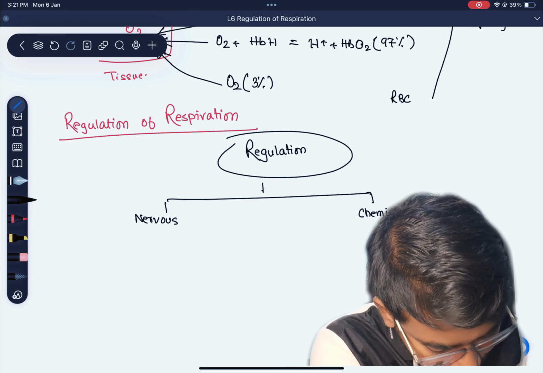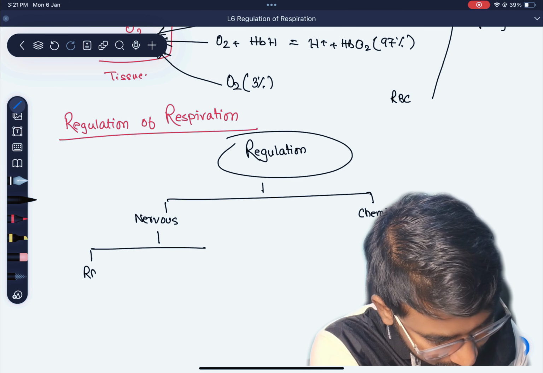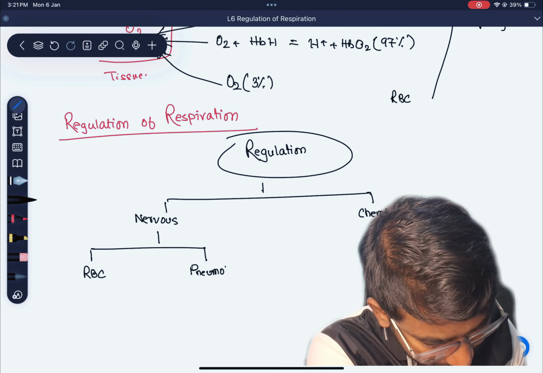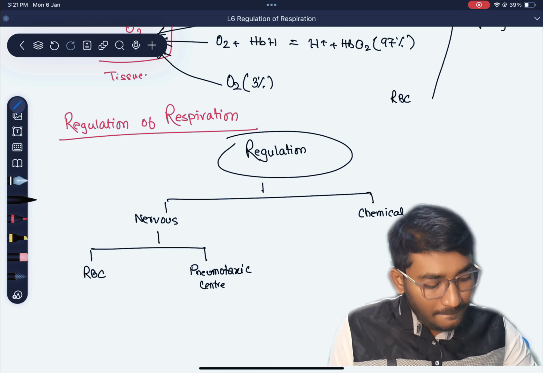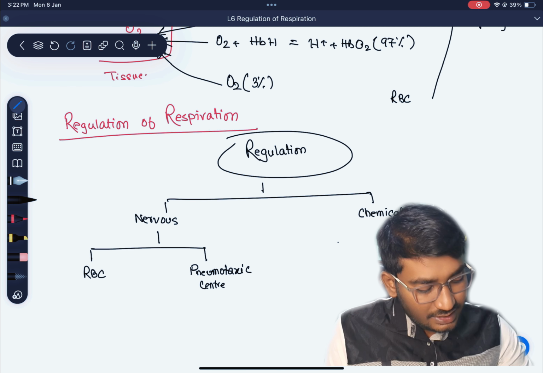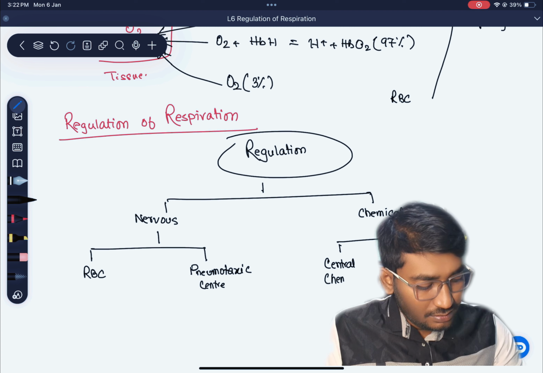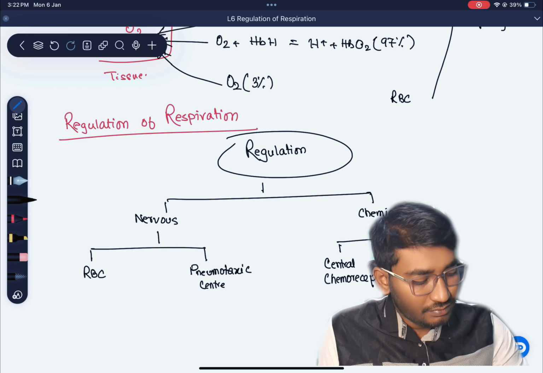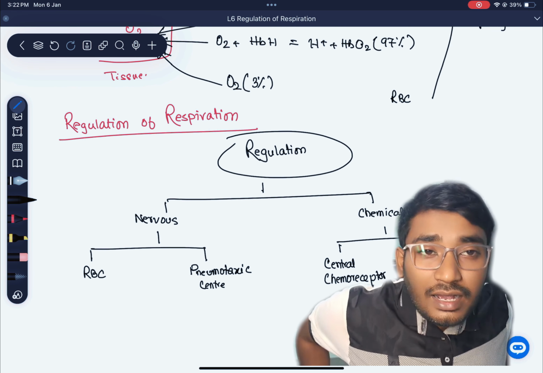In the nervous system, we have the pneumotaxic center, located in the brain, then the central chemoreceptor, and fourth the peripheral chemoreceptor. These are all located in the hindbrain.